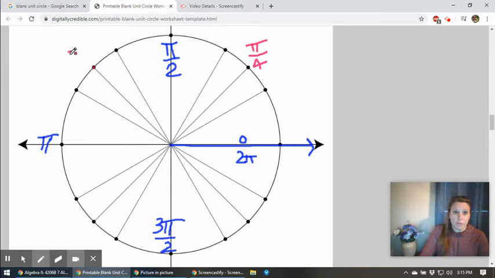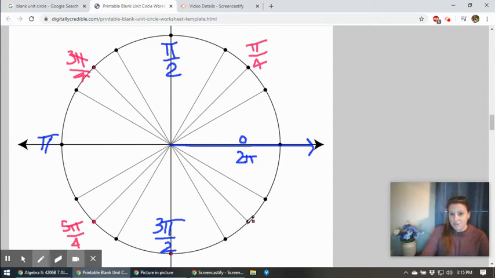So this will be 3 pi over 4. All right, 4/4, which is equal to 1. This point will be, you guessed it, 5/4, or 5 pi over 4. 6/4, which is 3 halves.